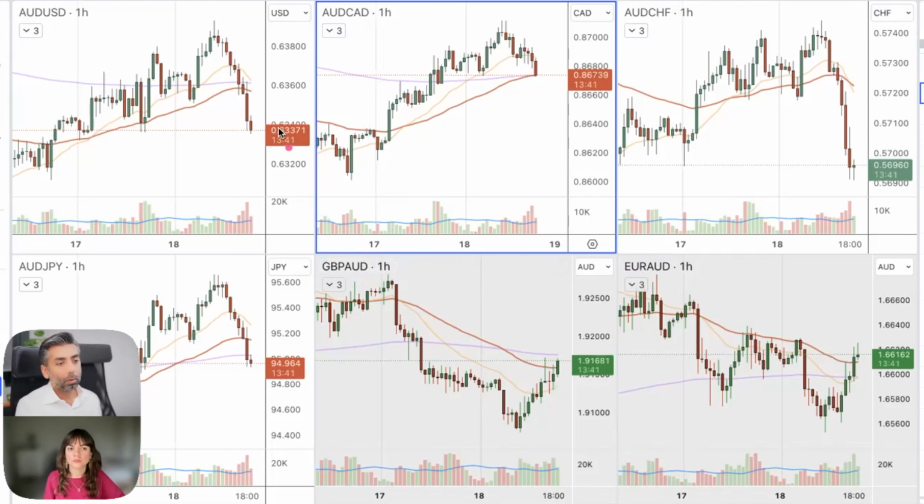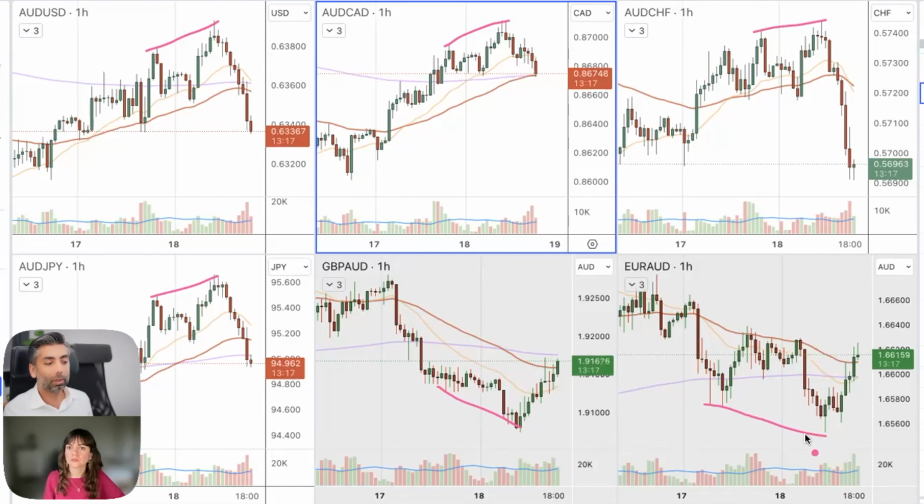Now, the way many people look at correlation is they say, this is making a higher high, this is making a higher high, this is making a lower low, this is inverse now, and this is making a lower low. So now look at the ones that are struggling to make a higher high or a lower low.